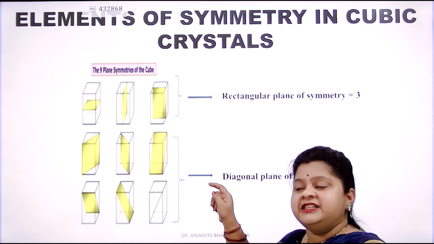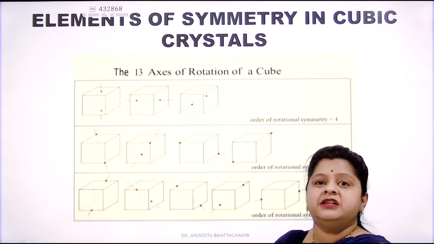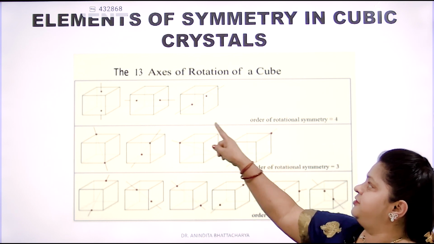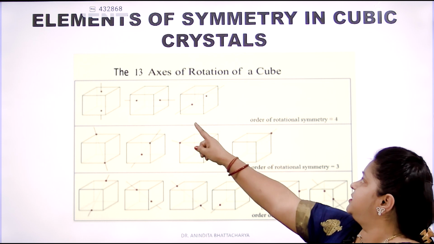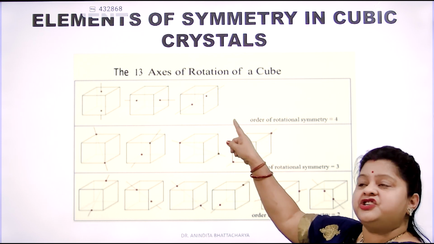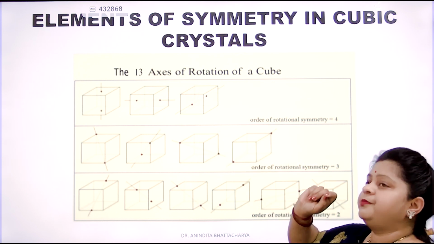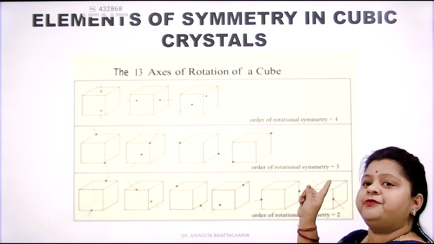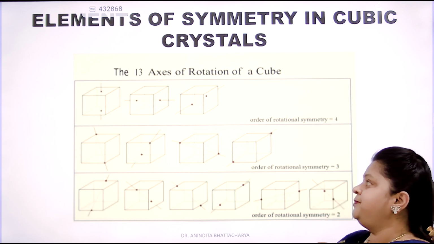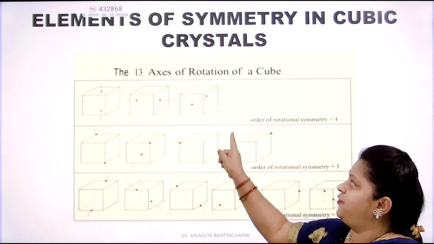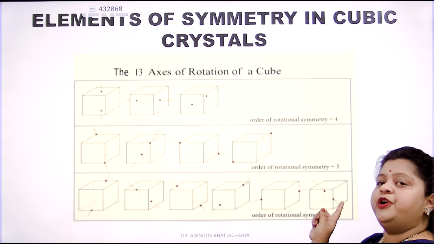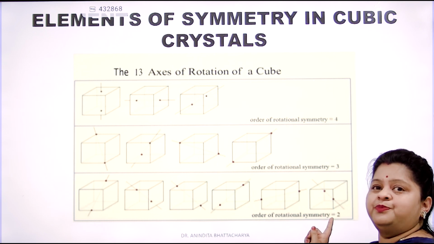But how many axes of symmetry did we talk about? 13. We have 3, with order of rotational symmetry 4. Then we have 4 of this with order of symmetry 3. So that makes 3 plus 4, 7. Then 6 with order of symmetry 2.